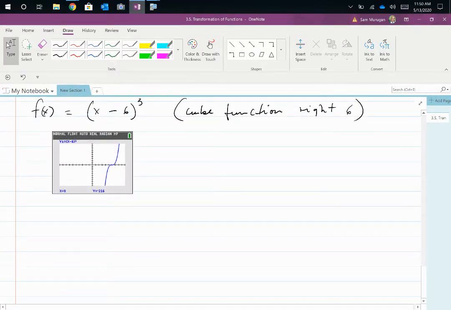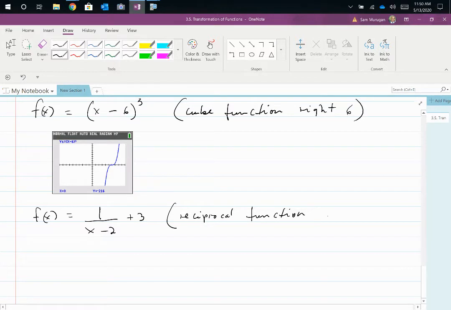So if I'm thinking about how to apply this further, if I had, say, f of x is equal to one over x minus 2 plus 3, this is the reciprocal function.